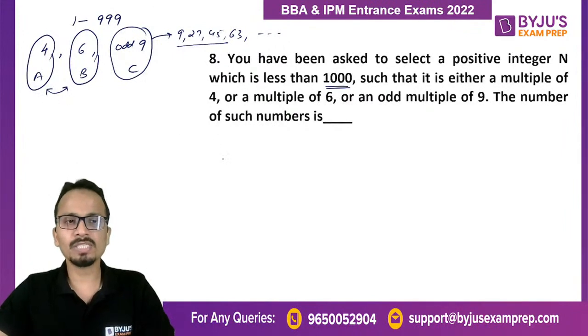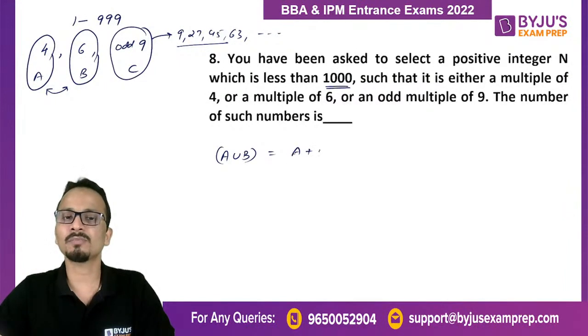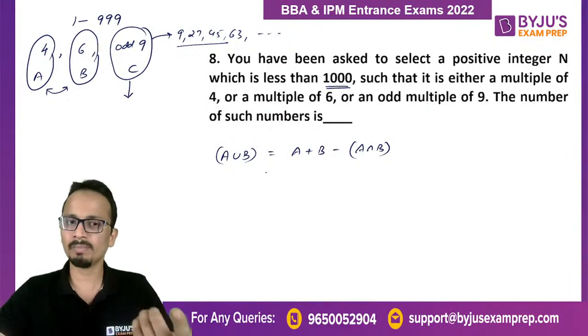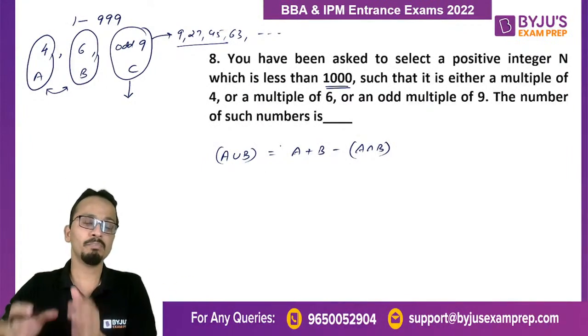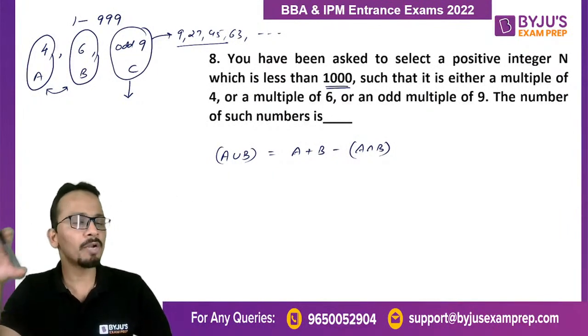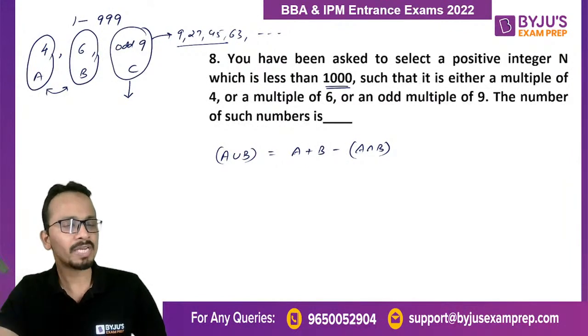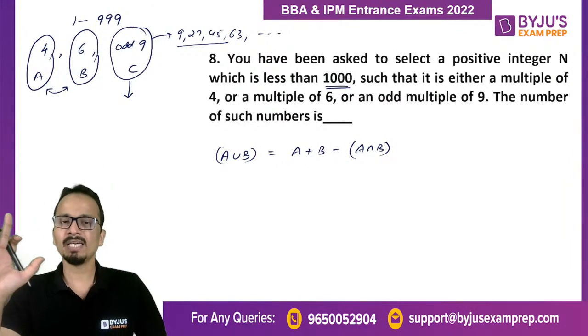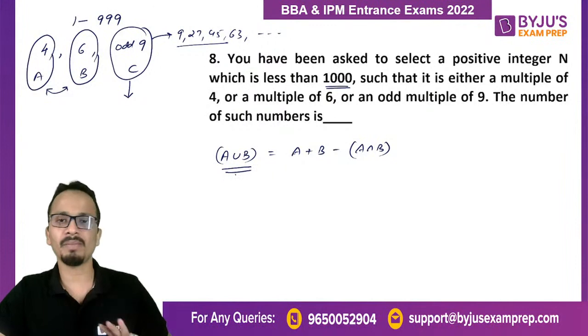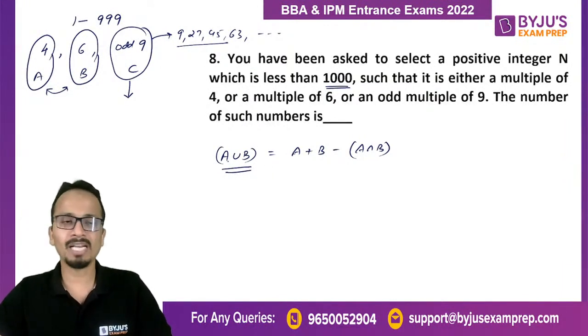So I'll apply A union B for the first 2 cases, which is A plus B minus A intersection B. And we'll add C to them because there is nothing common between C and the other 2 sets. So you can calculate odd multiples of 9 separately and add it to the numbers which are multiples of 4 or multiples of 6.